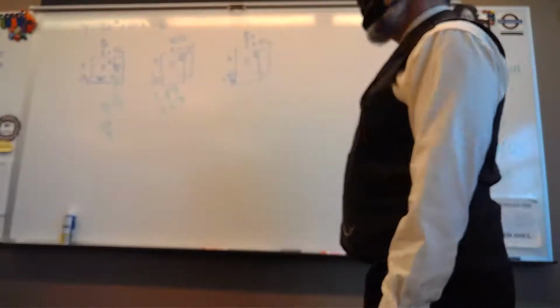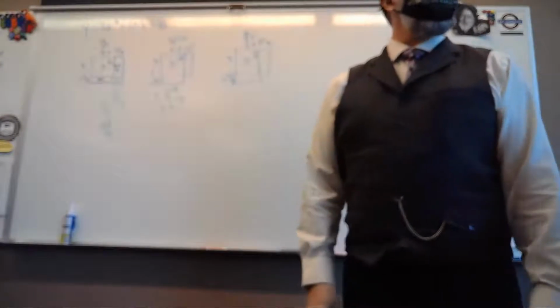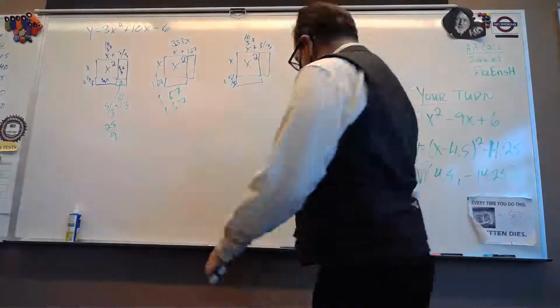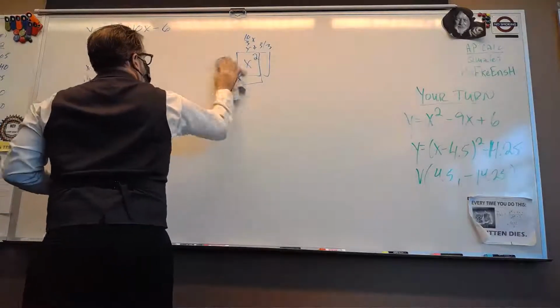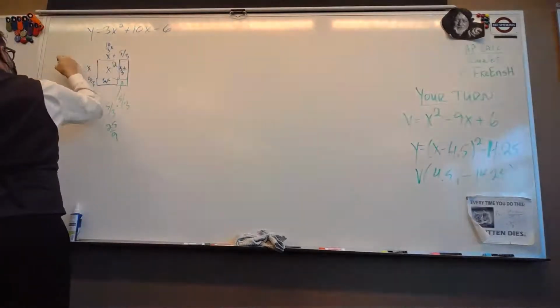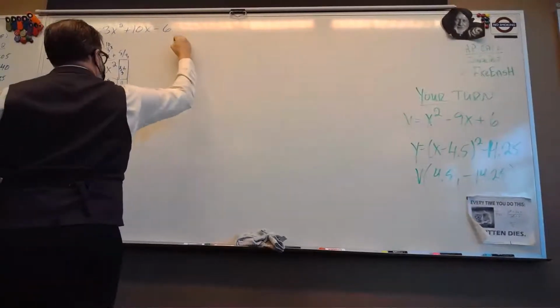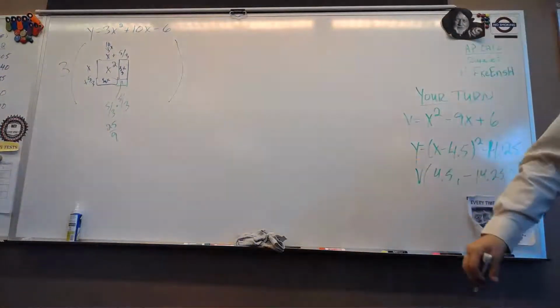So, here's the next part. Do I have to draw all 3 of them? No, they're all the same, right? So why not do this? Just save myself even more time.